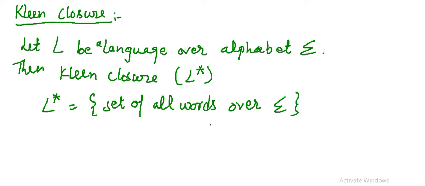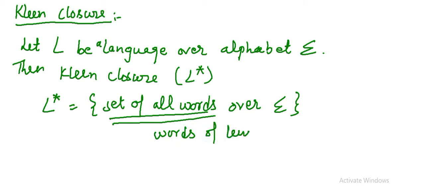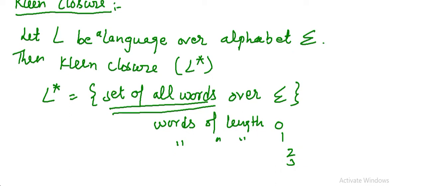Set of all words means the words of length 0, words of length 1, 2, 3 and so on.